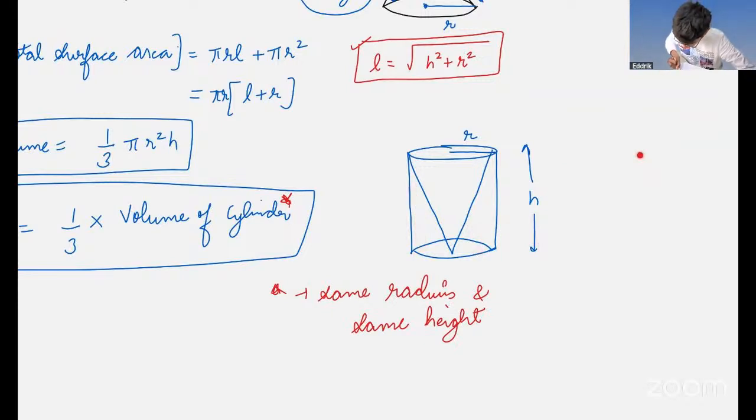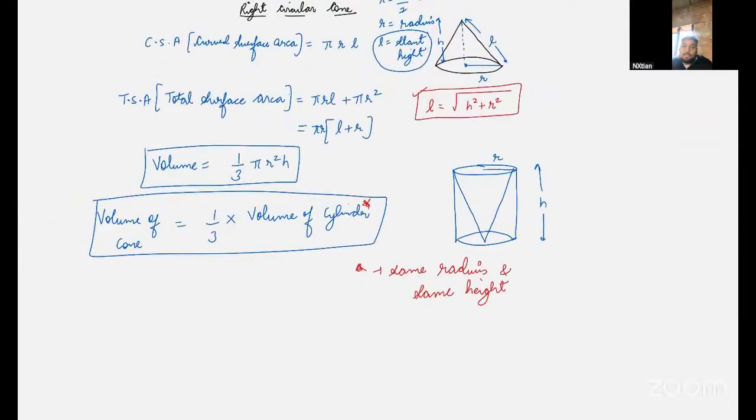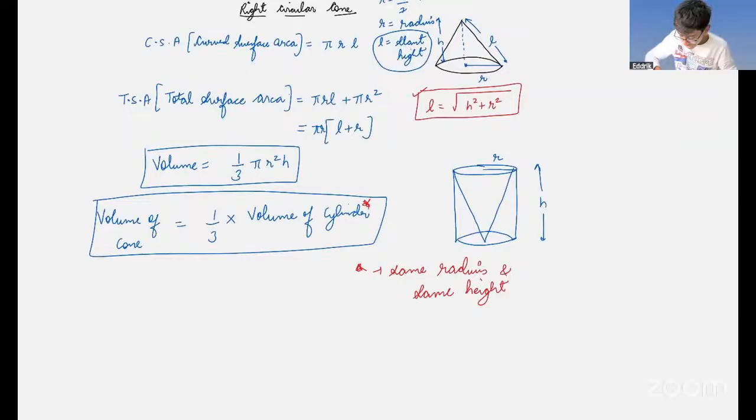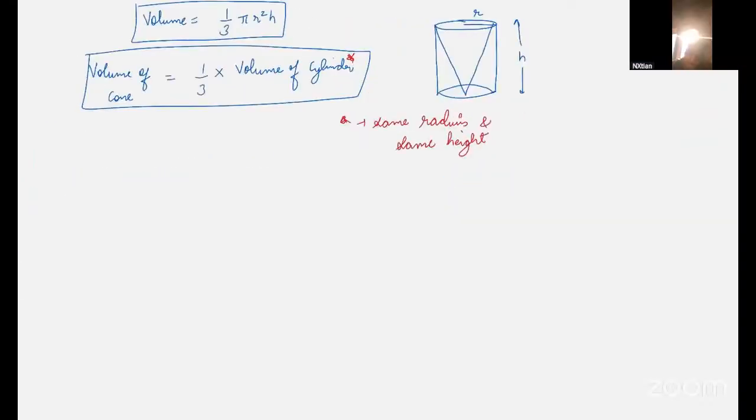Because 1/3 is covered by the cone, but 2/3 is not, so it's only 1/3 of the volume of the cylinder. Yes, if they have the same radius and same height, both. That is the condition. Okay, so now we'll do some questions.